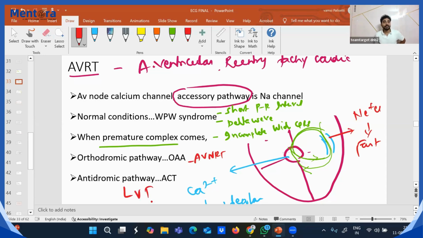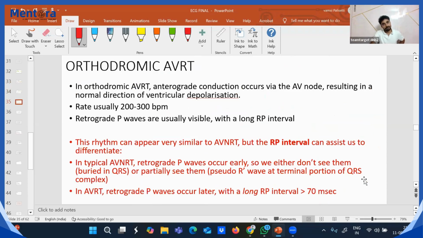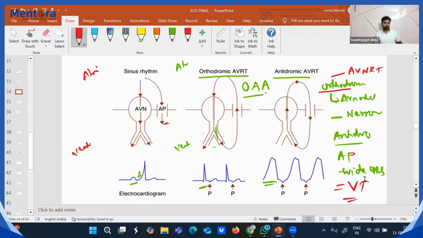It exactly resembles VT. You cannot differentiate. Okay, clear? Can I go to the next slide?